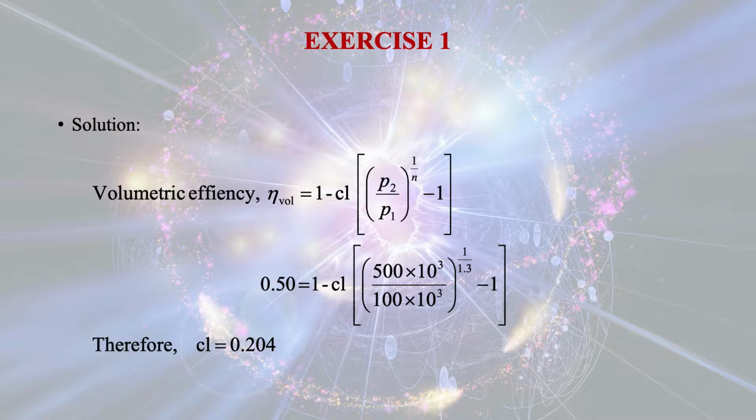Now let us see how we can proceed for this numerical. Volumetric efficiency is given as eta volume is equal to 1 minus CL, within bracket P2 by P1 whole to the power 1 by n, minus 1. Now for eta volume equal to 50%, that is 0.5, is equal to 1 minus CL, within bracket the pressure ratio P2 by P1, obviously it will be equal to 5, whole to the power 1 upon 1.3, minus 1, because the value of n is given as 1.3.